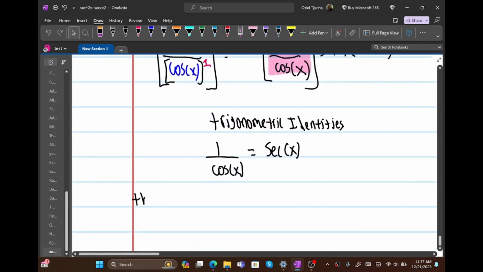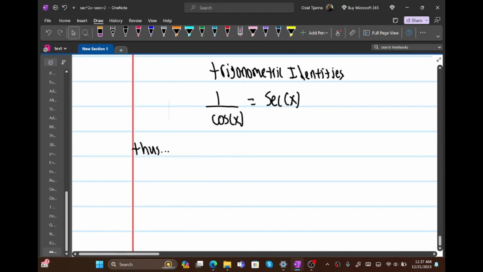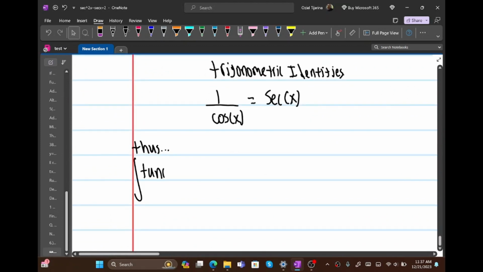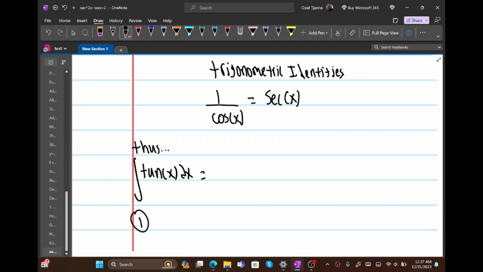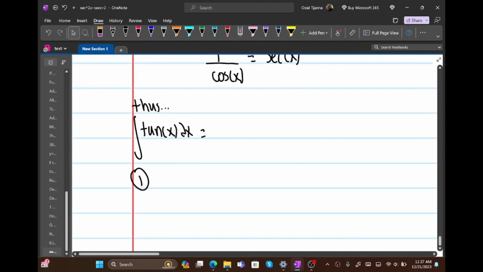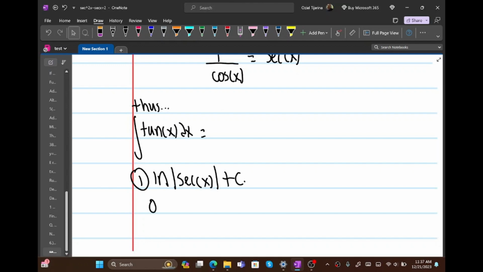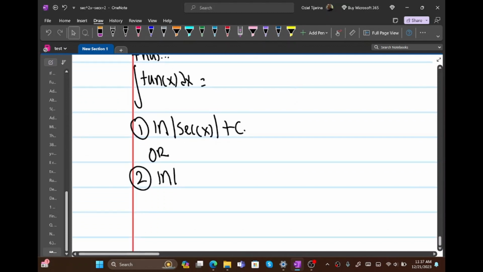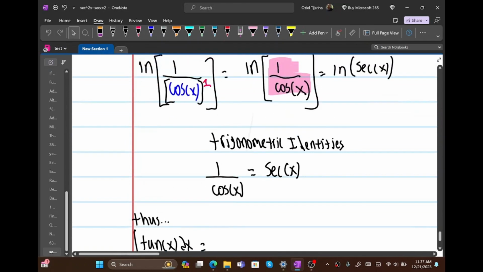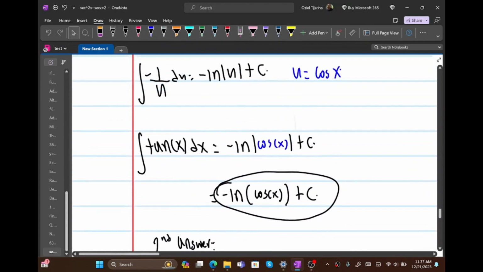So thus the integral of tangent of x dx is equal to, number 1, the natural log of the absolute value of secant of x, plus the constant of integration c, or 2, in other words, negative natural log of cosine of x, I think is what it was, right?